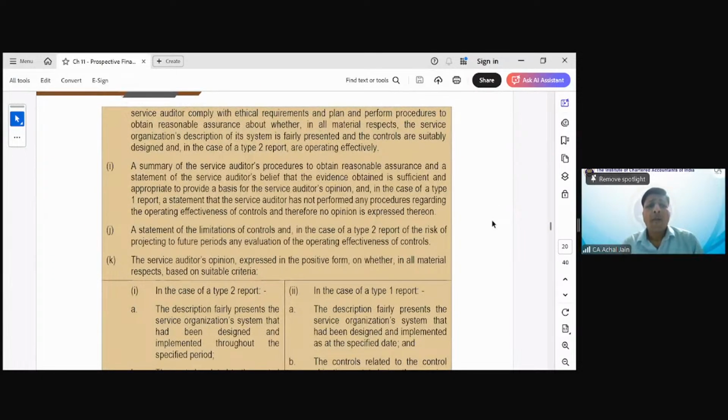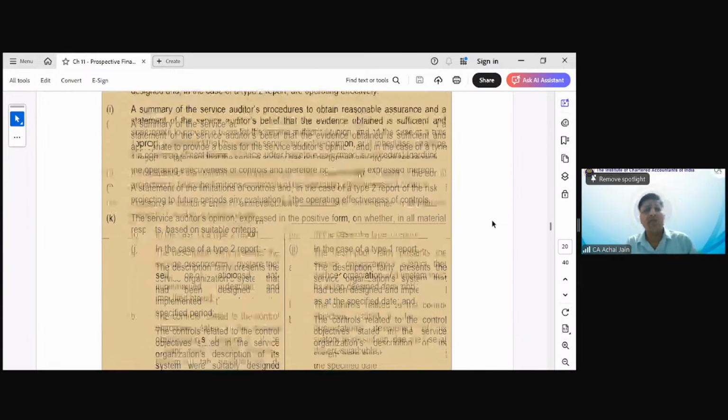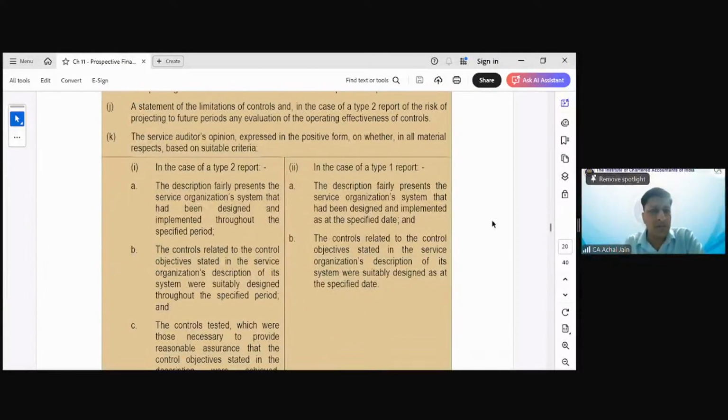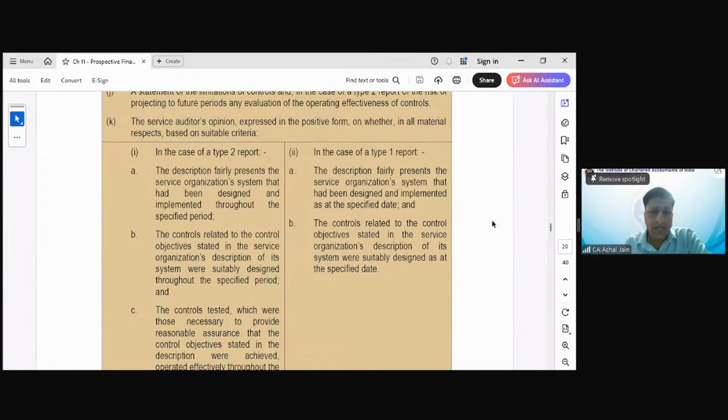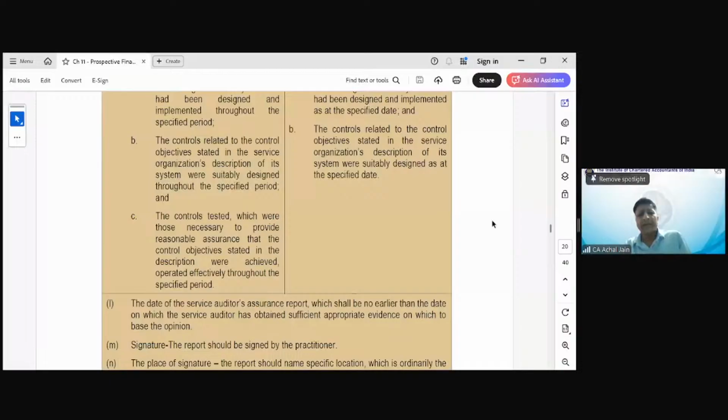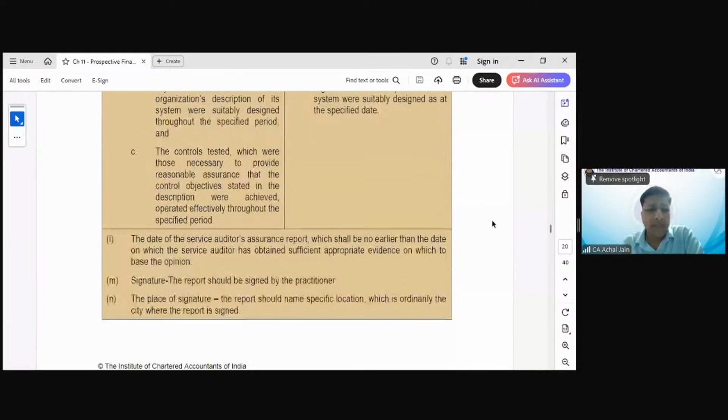Now, a statement of the limitation of controls and, in case of type 2 report, of the risk of projecting to future periods any evaluation of operating effectiveness of controls. Then of course, opinion will be included. Now again, depending on the type that you have, you will include the opinion.